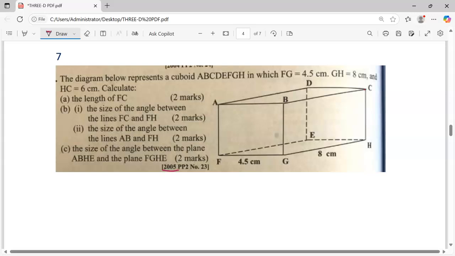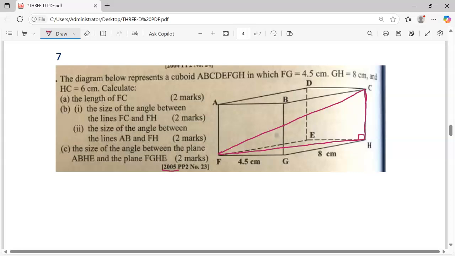The first thing we are going to do is to connect A and F, and again do the same from F going to H, such that if we drop a line from C towards H, we are going to have a right angle at this particular point.